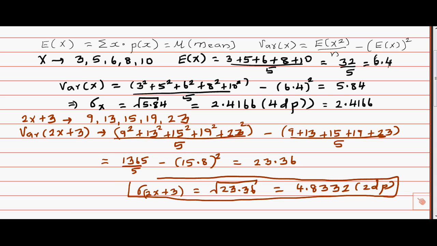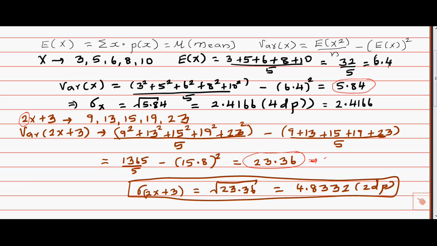But what is my focus is, what is the relationship between the old variance and the new variance? The old variance that we had is 5.84. Now you have multiplied each of the data by 2.